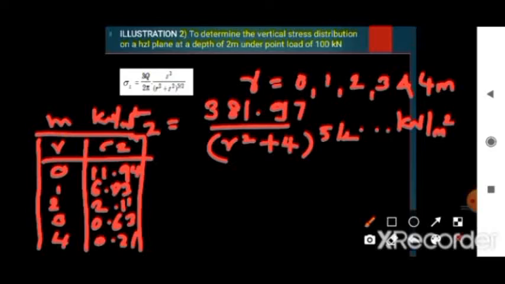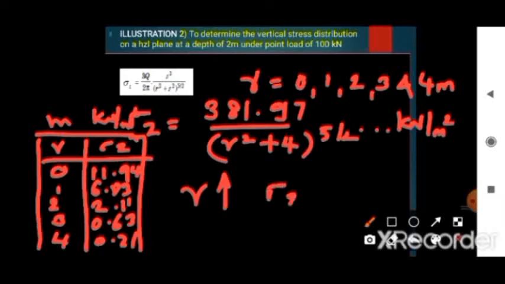So what is the pattern here? If we are increasing the value of r, if we go away from the line of action, where 0 means along the line of action only, and 1, 2, 3, 4 means we are going away from the line of action, so the r value we are increasing here.